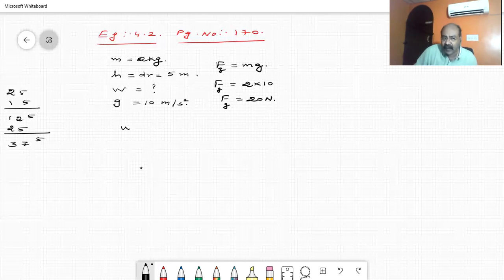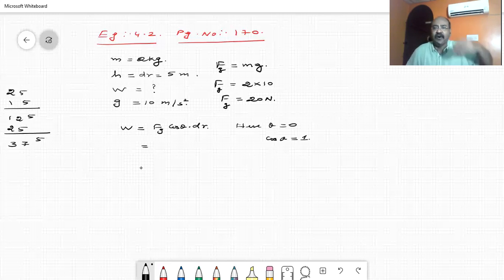Now, what is the work done? We know that work done is given by the formula Fg into cos theta multiplied with dr. Here theta is equal to 0, so cos theta is equal to 1. Why is theta 0? Because the direction of motion and the direction of gravitational force are along the same direction.